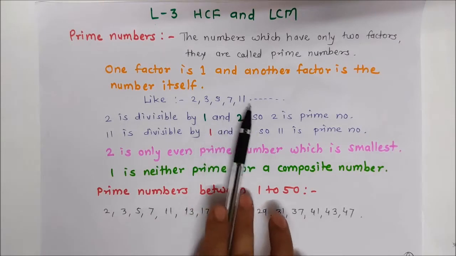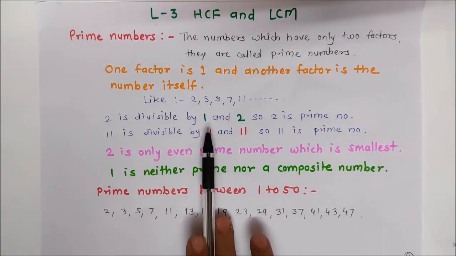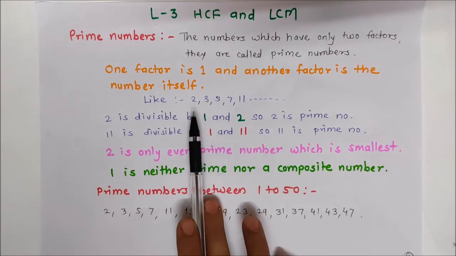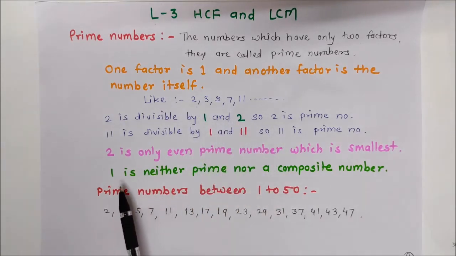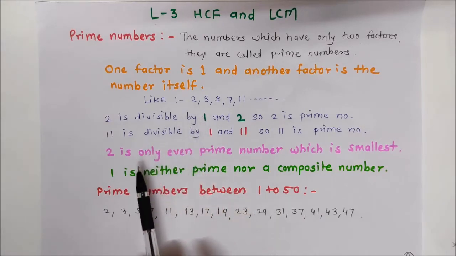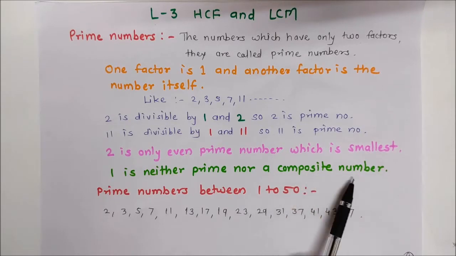Here in this example, 2 is the smallest even prime number. One thing to note is that 1 is neither prime nor composite.